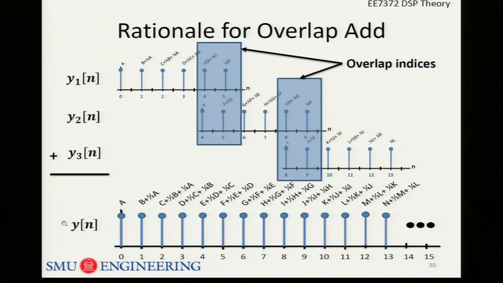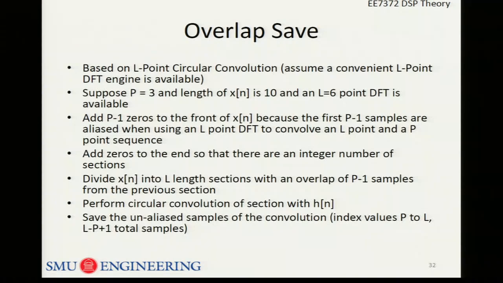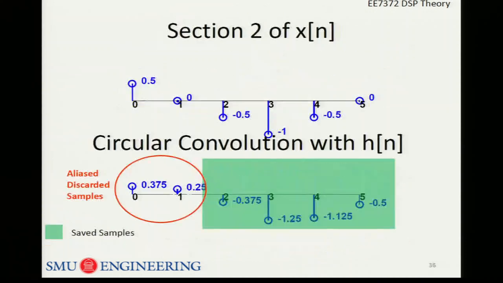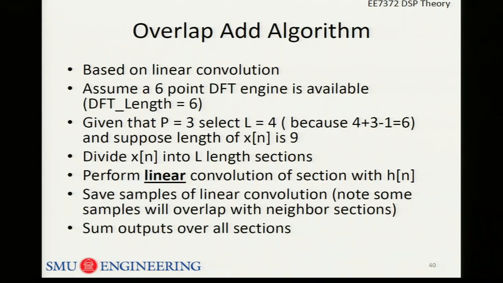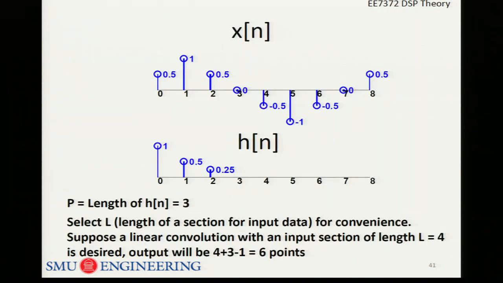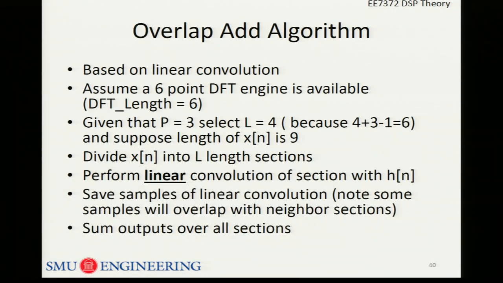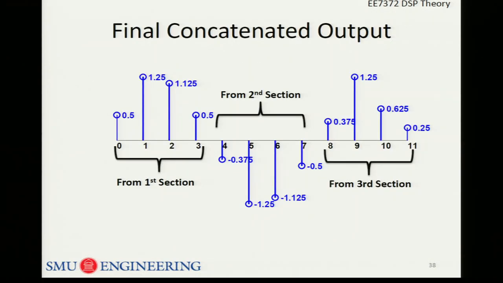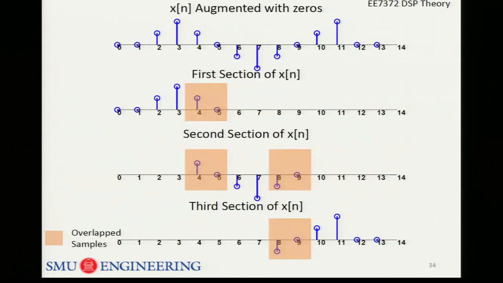Okay, so I guess that's kind of the final piece of the puzzle here. Now, overlap save, I think we already summarized this one. That's a different algorithm. Overlap add. Yeah, so I just did 2 extra examples in here that you can look at offline to get another example.